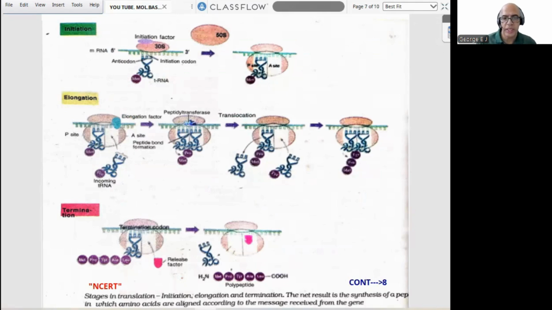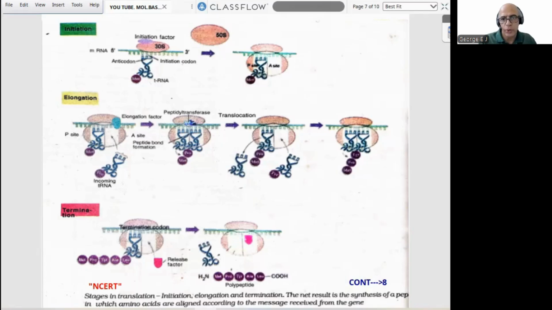So these 2 amino acids lie very close. When these 2 amino acids lie closely, a peptide bond is formed between them. Now, which groups will be linked in this peptide bond? Peptide bond, you know, is CONH. With the 2 amino acids closely lying, it is the P site amino acid's carboxyl group and the A site amino acid's NH2 group.